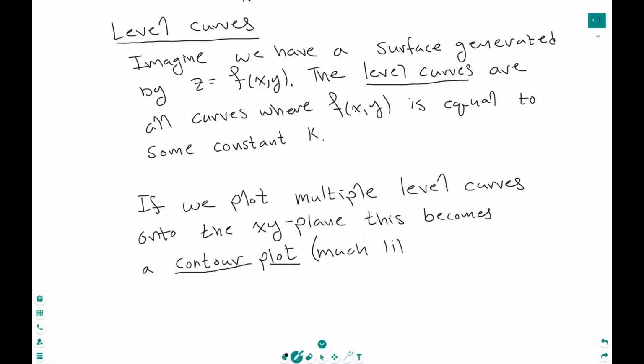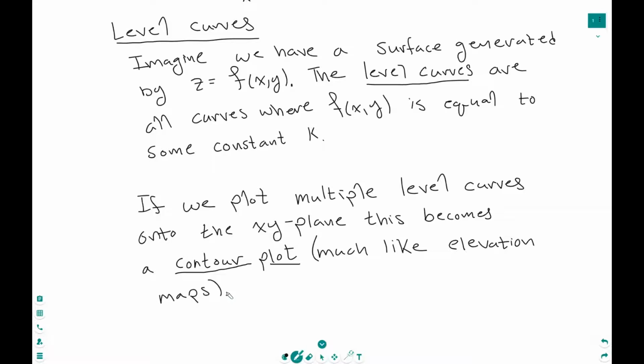Much like elevation maps. Right, so if you've got an elevation map, maybe you're hiking, you're looking at it on a sheet of paper, you can only limit yourself to R2.